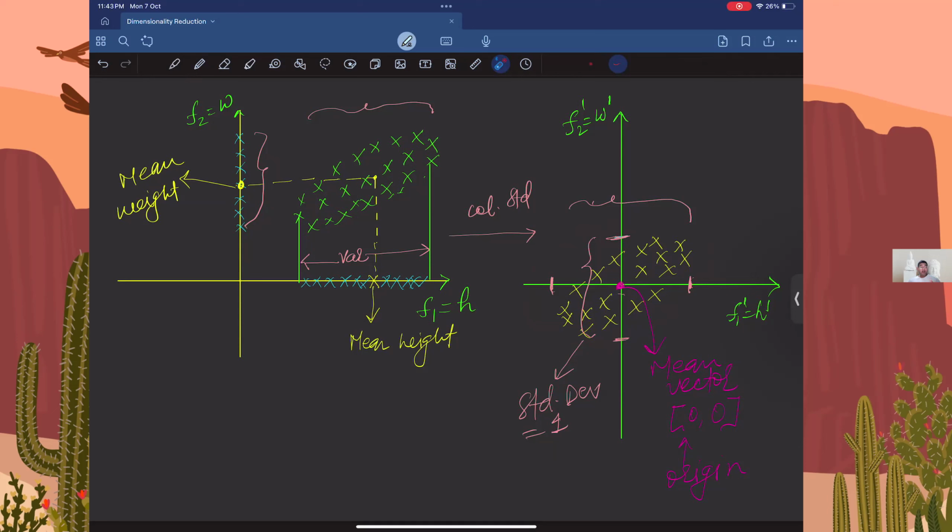Let's say my variance here is 0.5. That is, my spread is this thing, so my standard deviation is also smaller. Since I need a standard deviation of 1, and after doing this it is only 0.5, I need to expand these points.